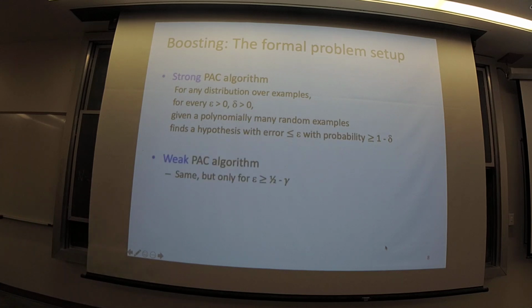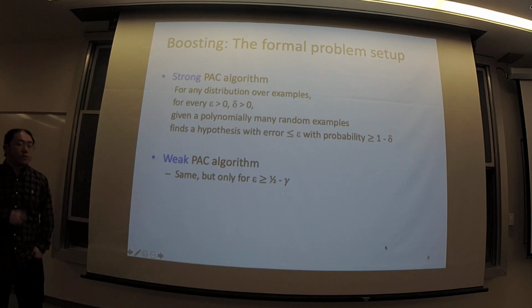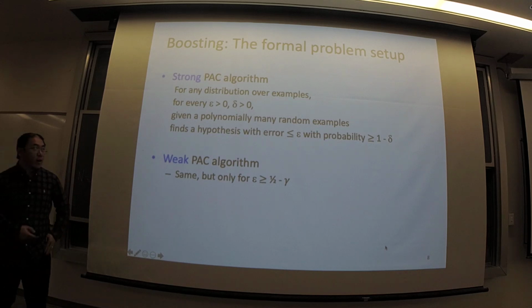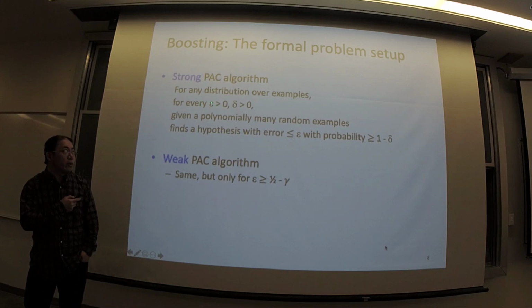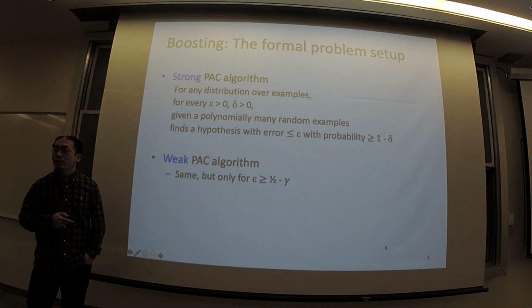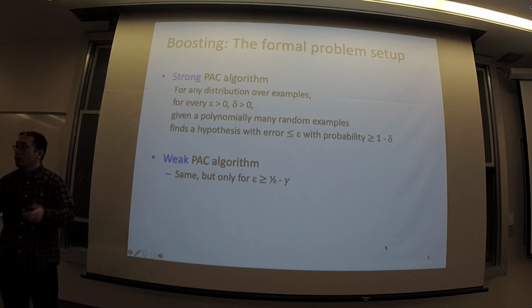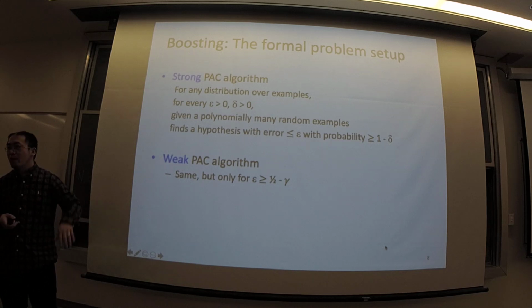But correspondingly, we have the definition for a weak PAC algorithm. So what's the definition of a weak PAC algorithm? The major difference is that we cannot specify an arbitrary level of epsilon. So for a strong PAC algorithm, I can set epsilon to be 0.01, 0.0001, right? Arbitrary level epsilon can be set.